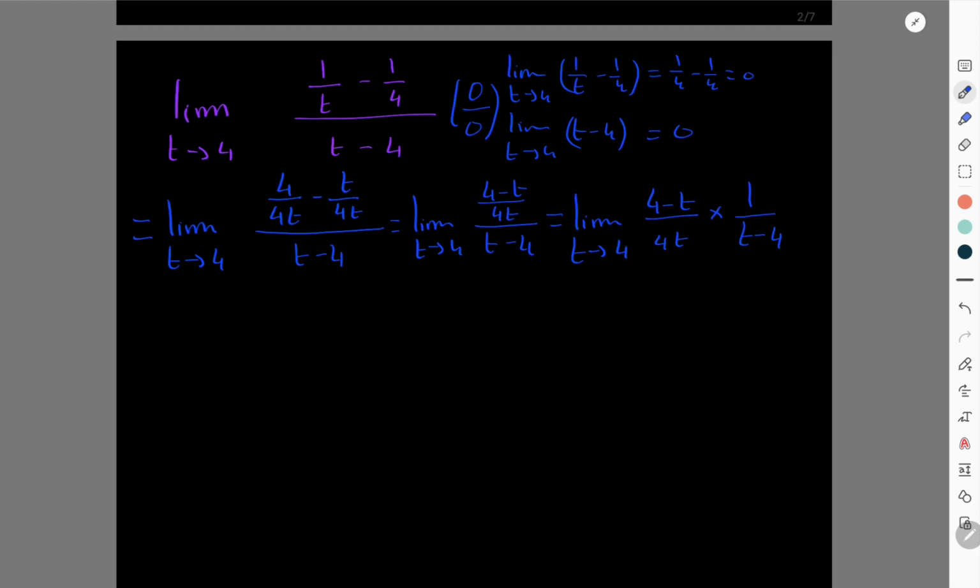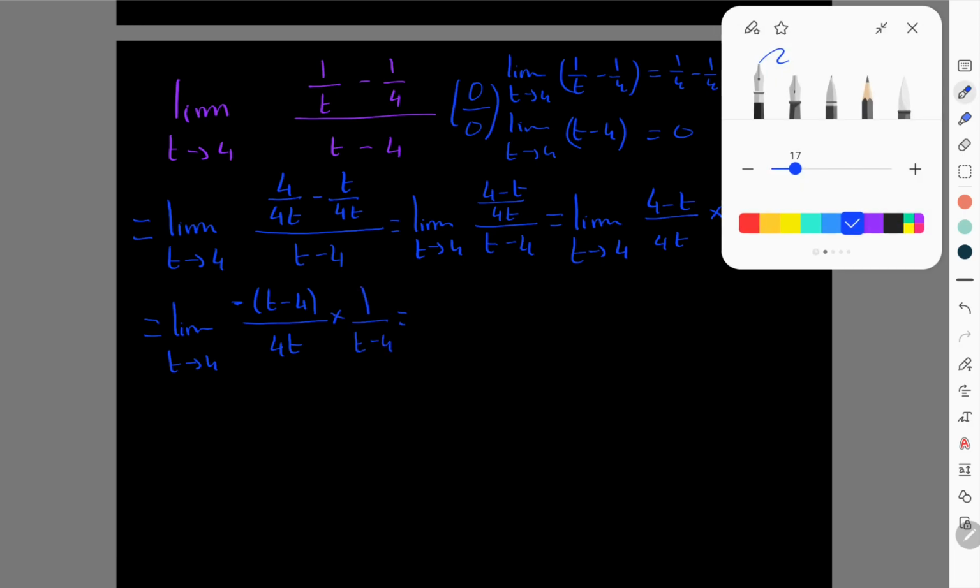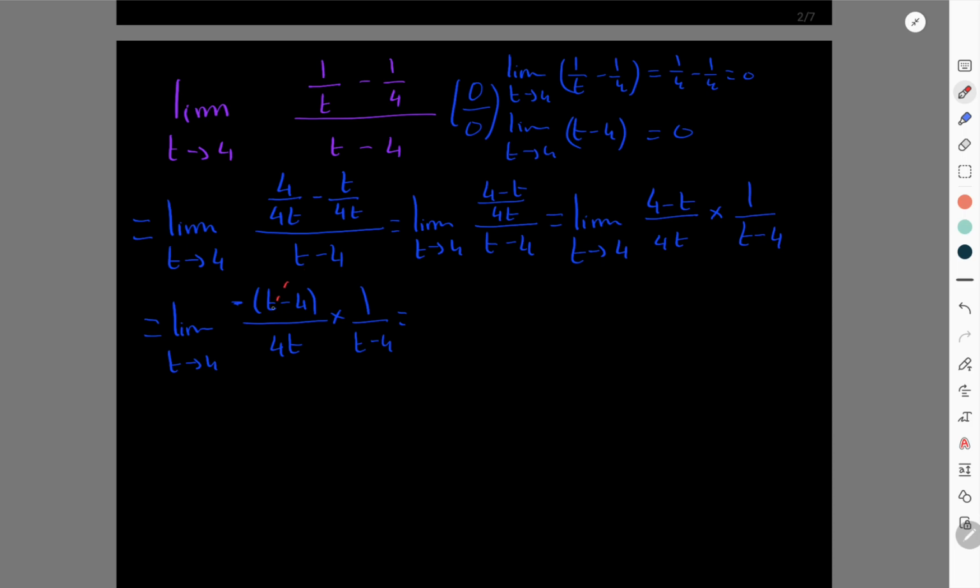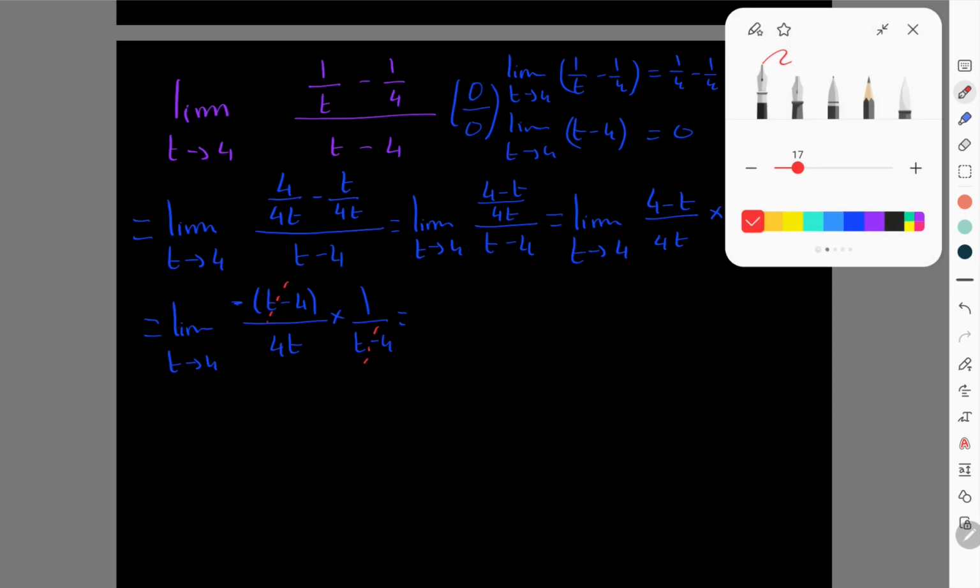Now in this case, what do we notice? This is just the limit as t approaches 4 of minus (t minus 4) over 4t(t minus 4). Now I can cancel out the t minus 4 on top and on the bottom to get something nice.